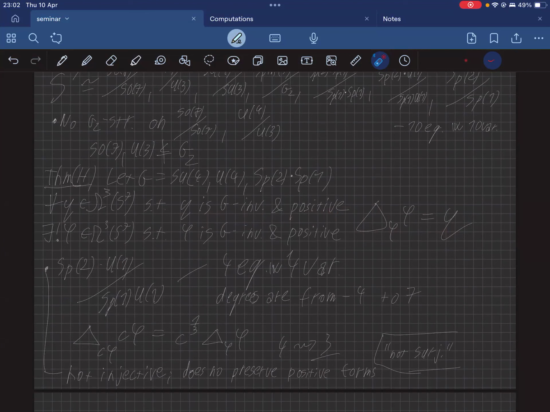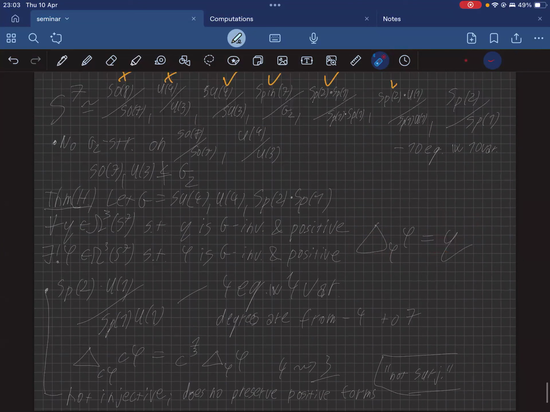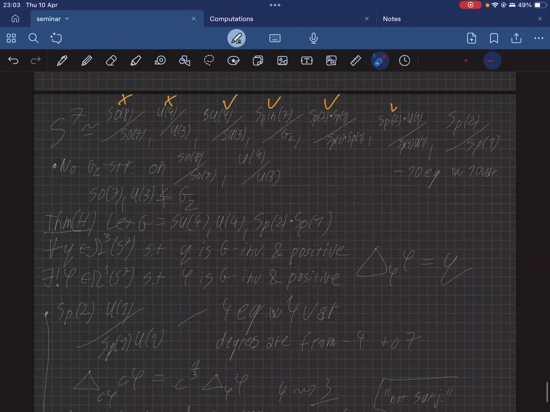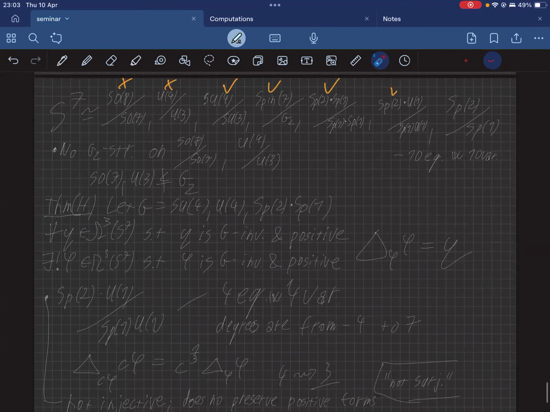Štěpán, do you have any idea whether this has some meaning in this M theory compactification?